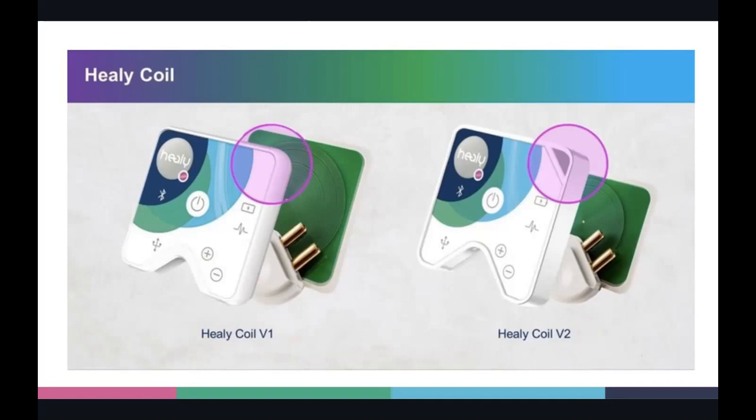The Healys that were purchased before the US launch or back in 2019 that came from Germany, they had the little triangle notch out up there in the right hand corner. So you can see that. You'll know which coil version to order based on looking at your Healy, but also if you purchased it during the US launch, then it's more than likely version 1, but you can double check by looking at the image here.